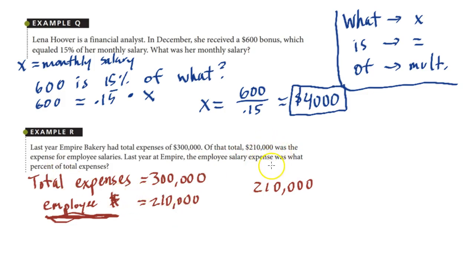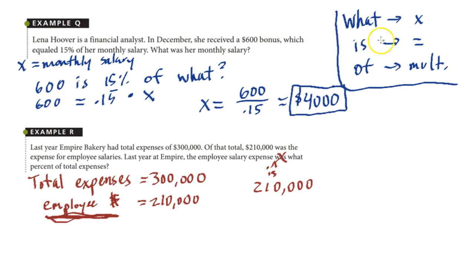Sometimes some of the keywords may not actually be in there, but you can easily insert the word, and it would logically make sense. So what we're saying is the employee salary is what percent. Because "was" is past tense, you can just cross out "was." The employee salary is what percent of the total expenses.